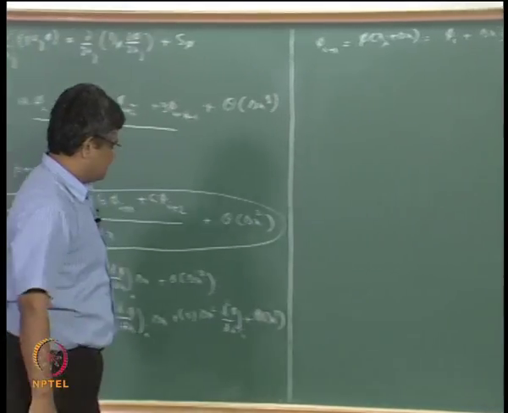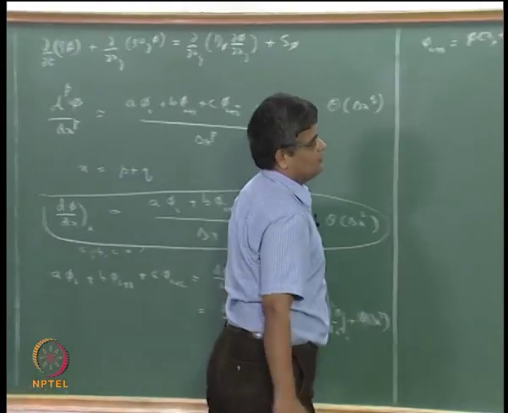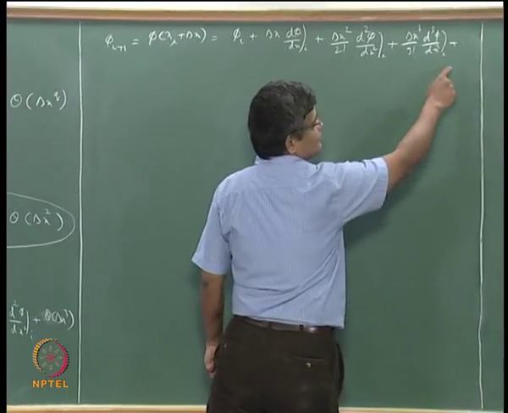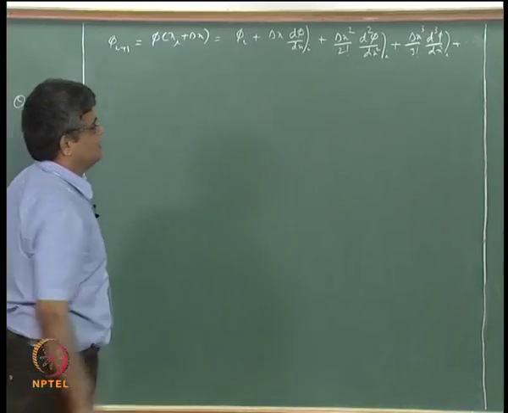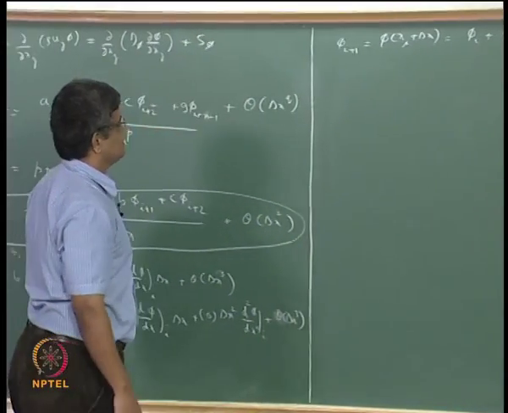Since we are looking at terms going up to delta x cubed, we need to retain at least this term. We can also retain higher terms, but they are not really necessary for us.